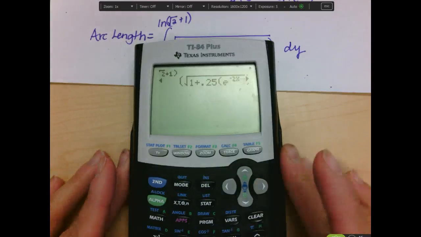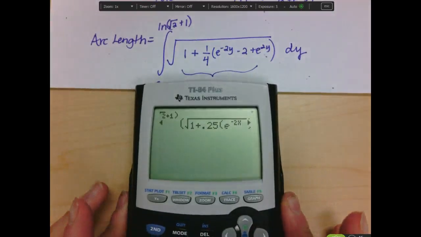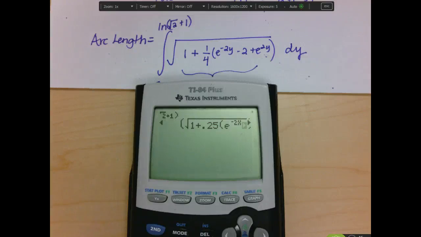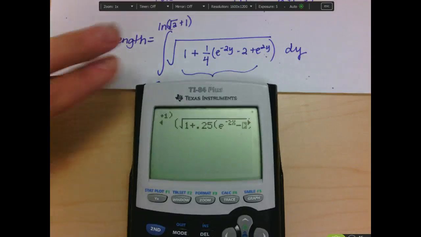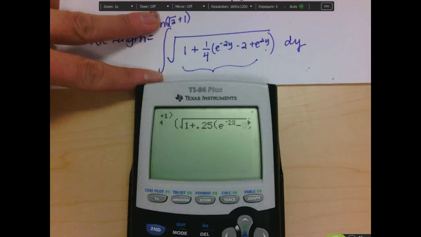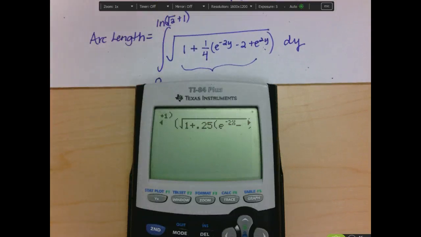Although we're integrating in terms of y, the variable is actually arbitrary, so we're going to use x to represent y in our calculators, and as long as our limits of integration are in terms of y, it doesn't really matter. So I'm going to subtract 2, and then add e to the 2y, but I'm going to type in x.